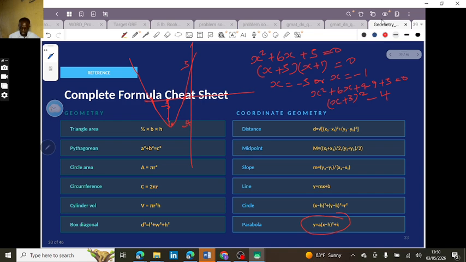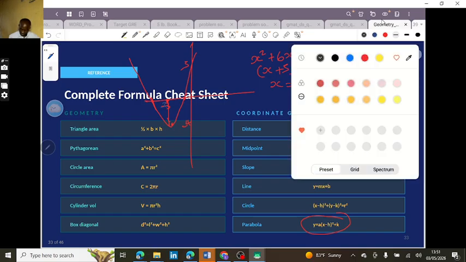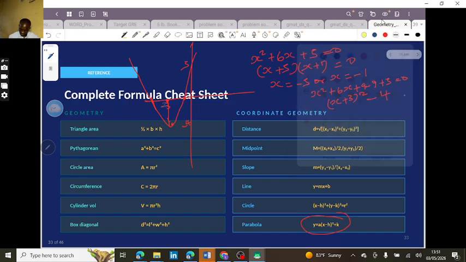That is all. That's all the noise about vertex form.